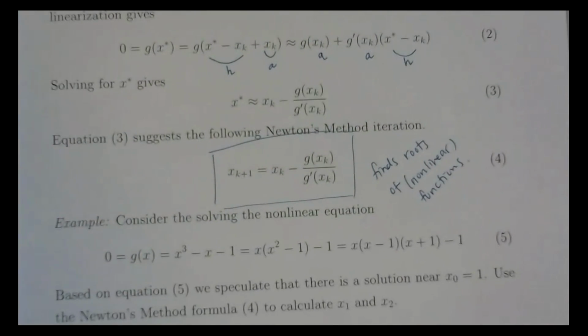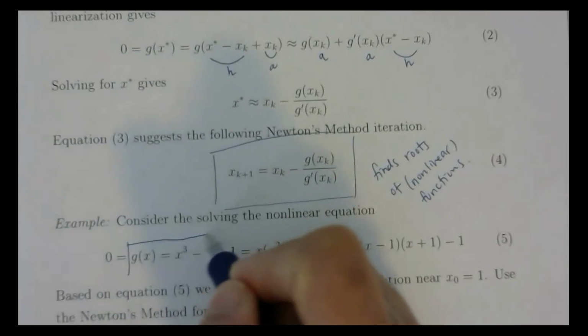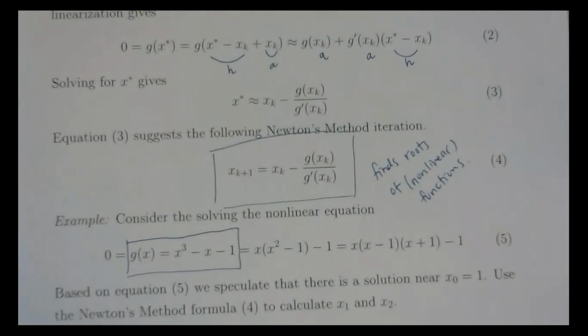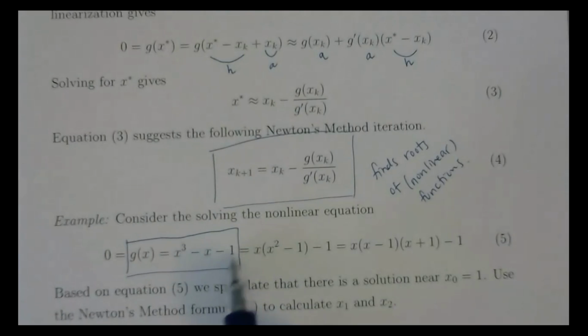So let's consider this cubic, right? This cubic polynomial is not the easiest to factor. In general, solving cubics is not that easy, which is why I said you're not going to do that on your tests or whatever when you were in class. But if I forget this -1 for a second and just factor these first two terms, that's pretty easy, right?